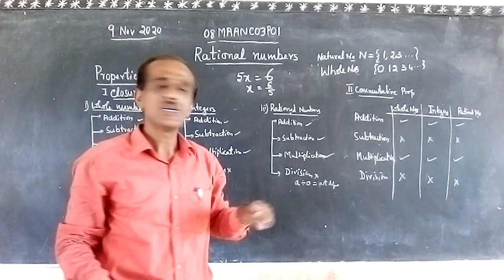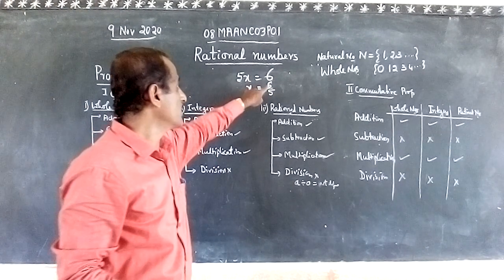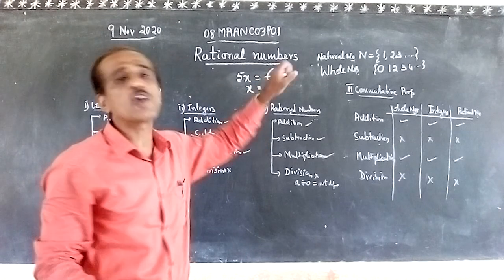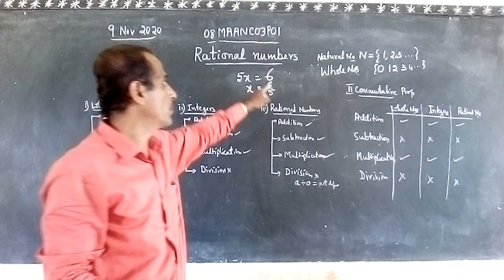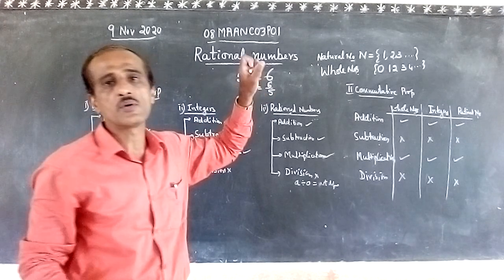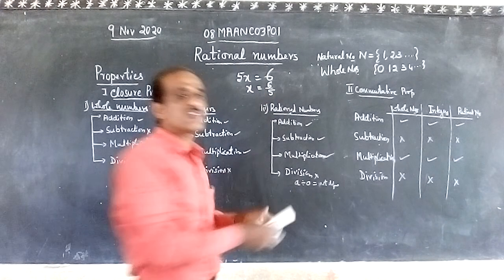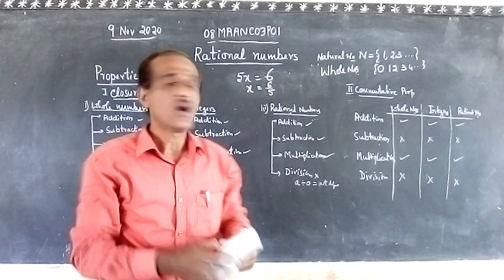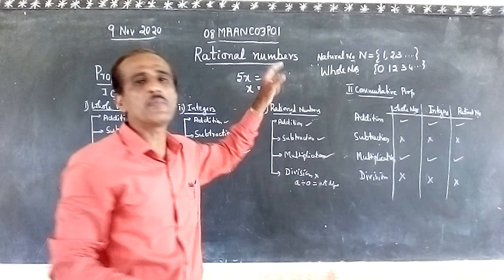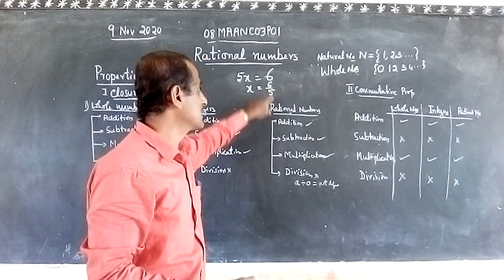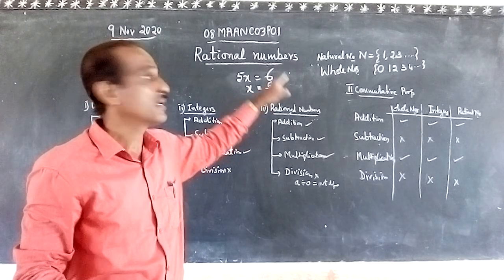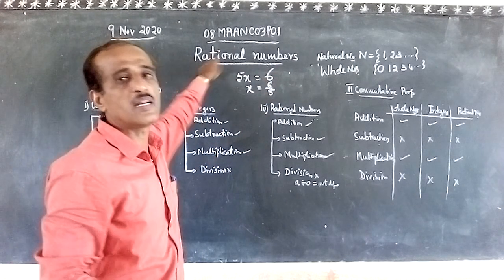Therefore, what is this, a natural number or a whole number? It is not a natural number, it is not a whole number. See, 6 by 5, or if numbers are in this form, or in general if you write it in the form of P by Q or A by B, whatever it may be, then those numbers are called rational numbers.